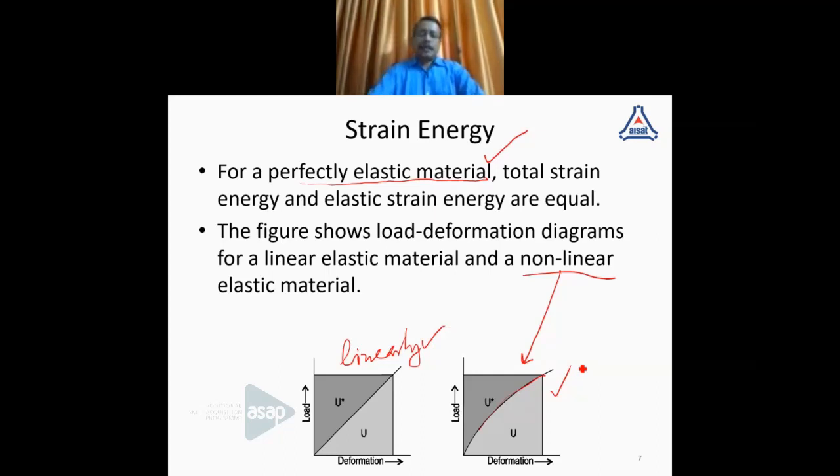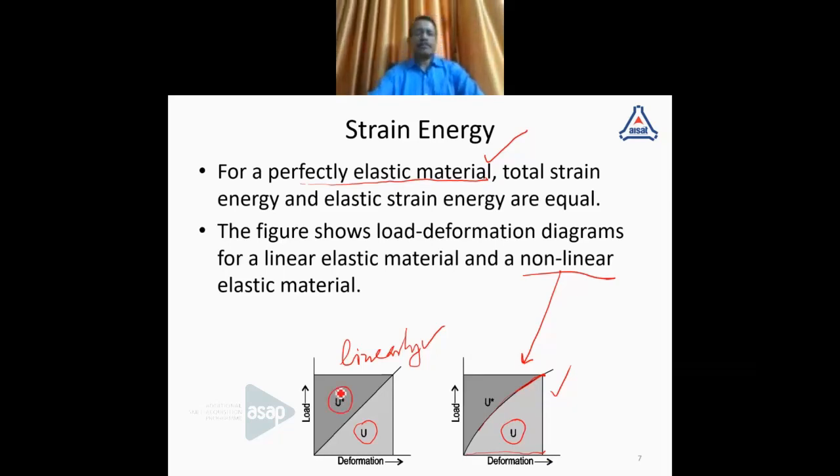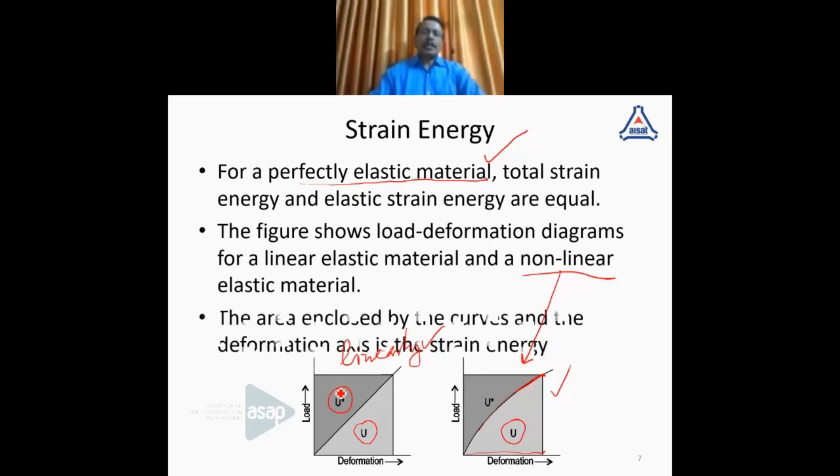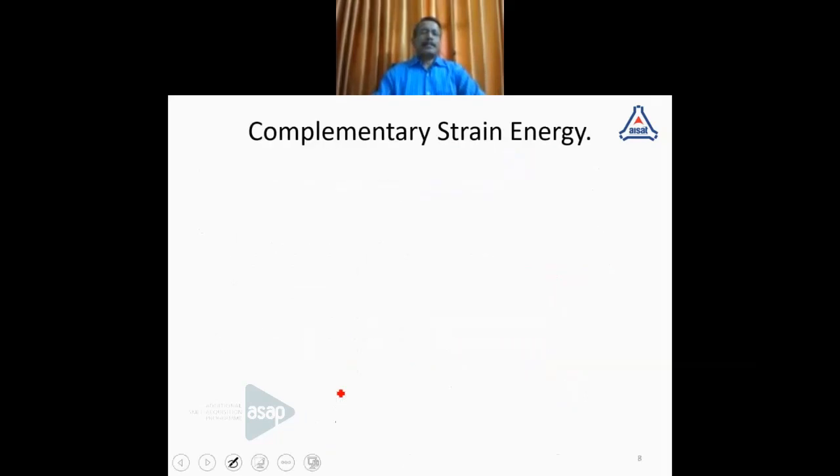And here, the light colored area, marked as U, represents the strain energy, the elastic strain energy. It is the area under the curve, defined by the deformation axis. And there is another area marked as U star that represents complementary strain energy.